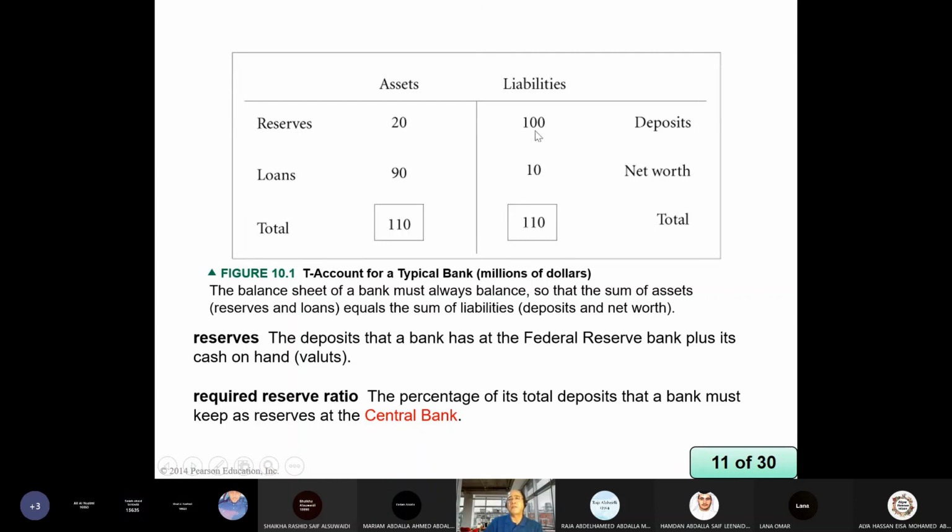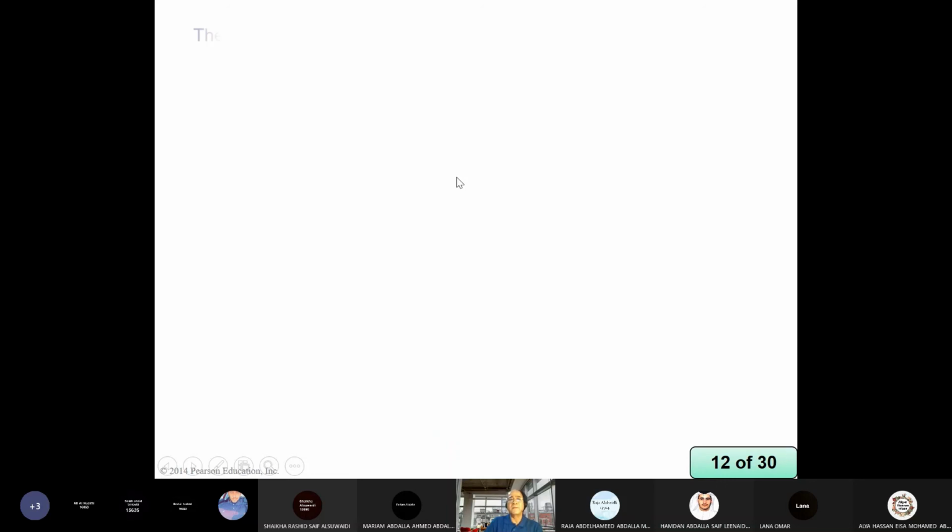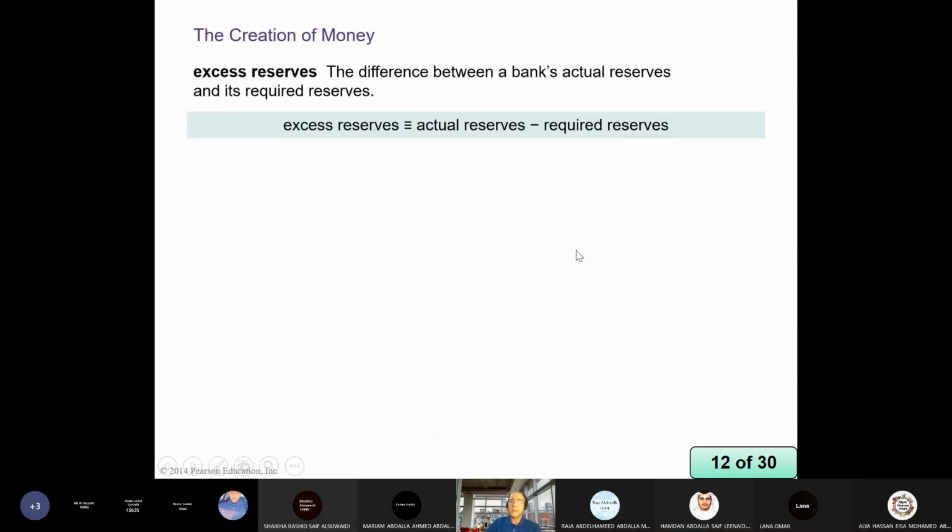So if the commercial bank got deposits of $100 million, they have to keep $20 million as a reserve. Why? Because the reserve ratio is 20%. So immediately you can read the reserve ratio from this slide. In the next meeting, we will talk about how commercial banks create money with slide number 12.